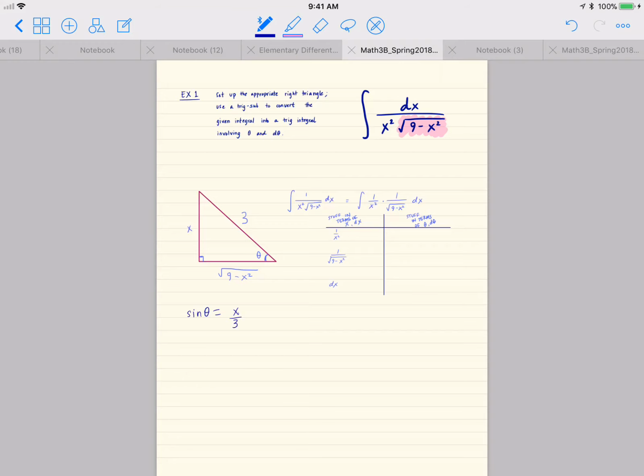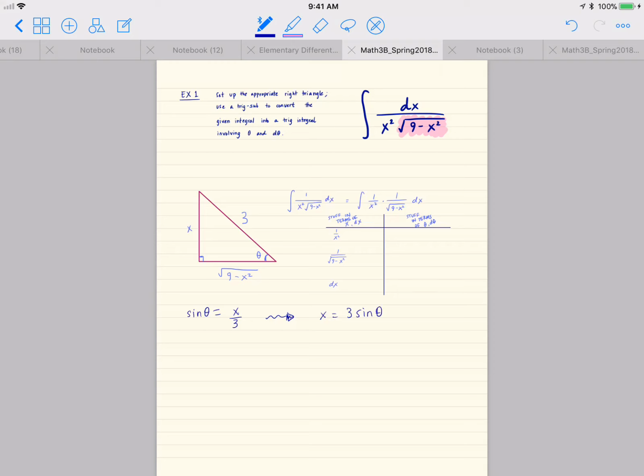This gives me the relationship between x and theta. So if sine of theta is x over 3, that means x is equal to 3 sine theta. How did I get that? I just multiplied both sides by 3.